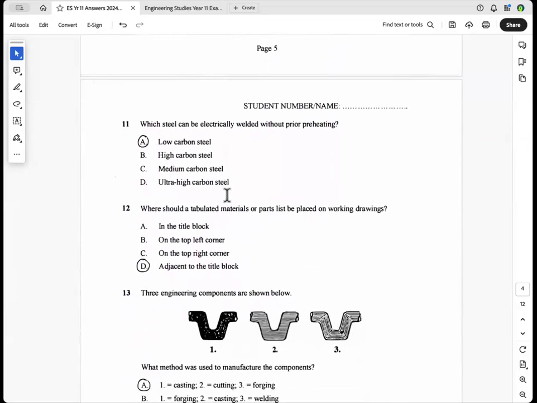Which steel can be electrically welded without prior heating? Ferrous metals that have a carbon content of greater than 0.3 can be heat treated. So you really don't want to weld those because when you're welding, you can have an arc up to 5,000 degrees centigrade at the arc point.